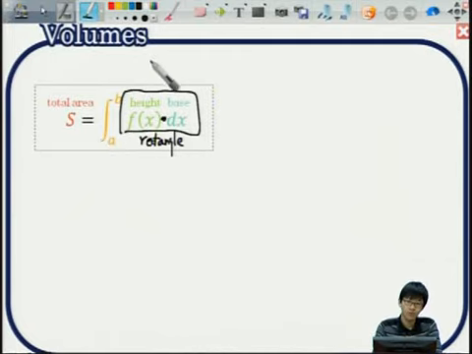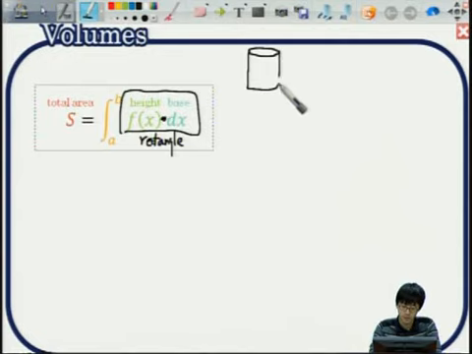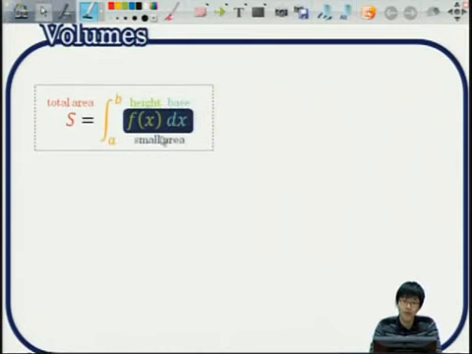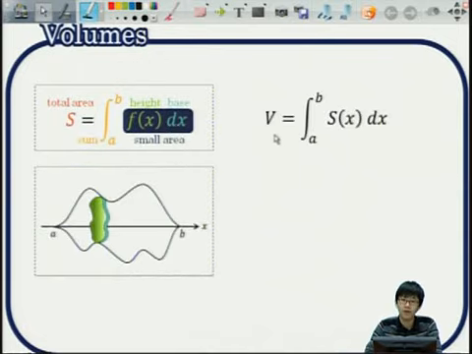But how do you get the volume? Like this: this area times this height, let's say this thickness. So it is just similar to this. This was a small area, and it was summed. Here, this S changed to V, which is the total volume.